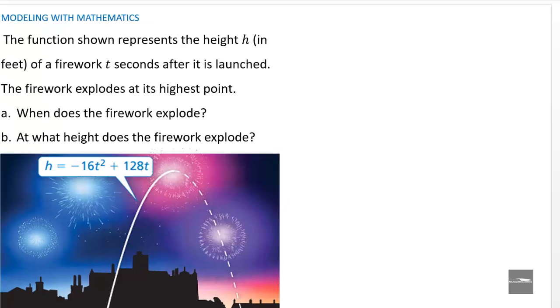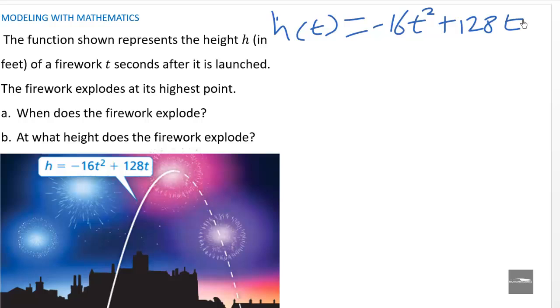So the function is giving us h of t is equal to negative 16t squared plus 128t. So h of t means h is depending on t. Great.